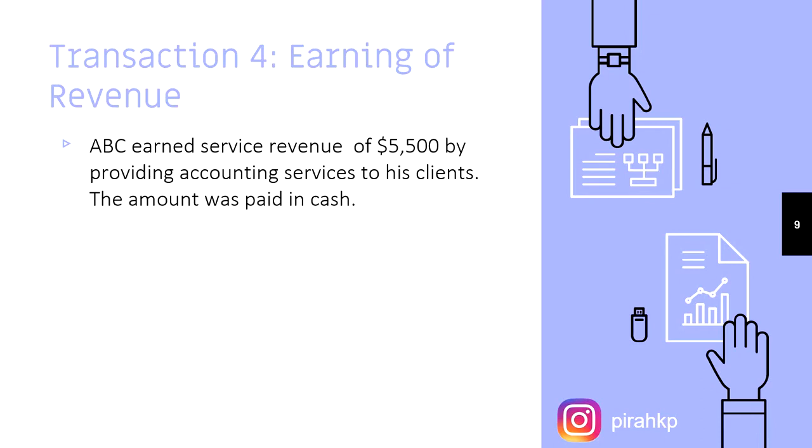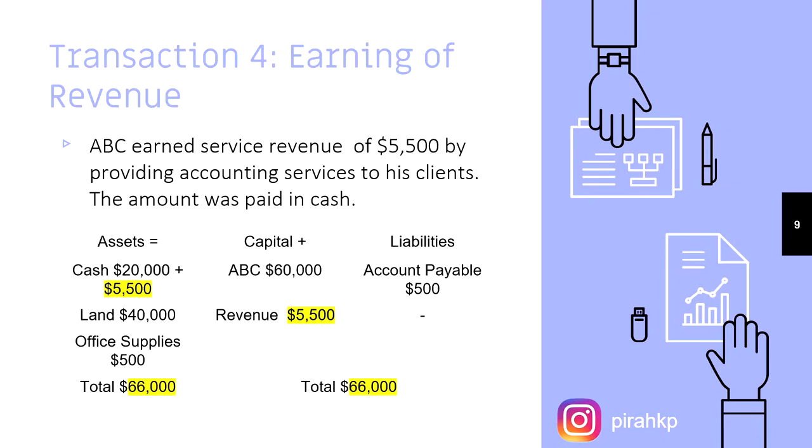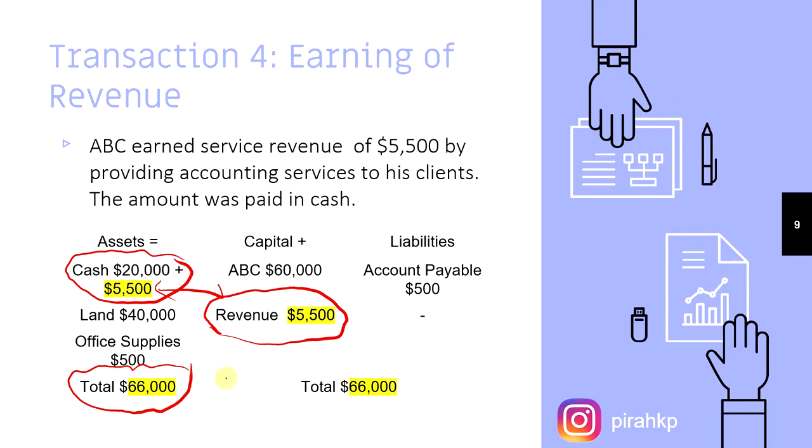This is revenue. In assets, you are going to increase your cash. Alright? They paid you. They were like, hey, sure, you gave us these services and here's your payment. They didn't do it on account. Now, revenue has increased. So you are going to write that in your capital. Like, hey, I earned this much amount. Now your owner's equity has increased.